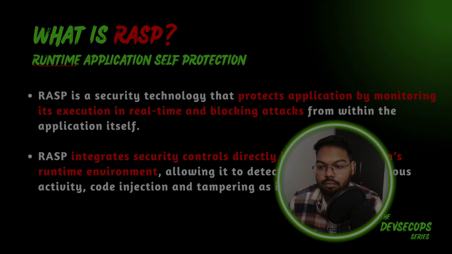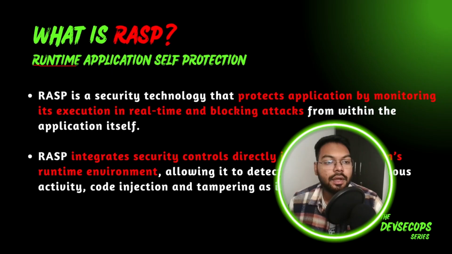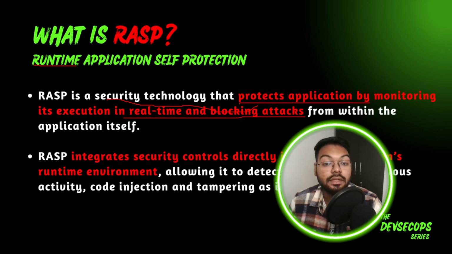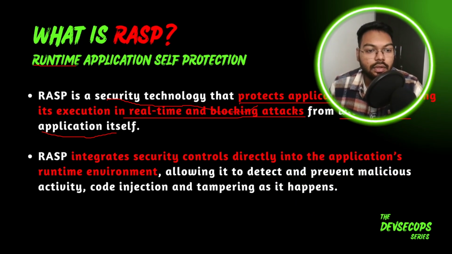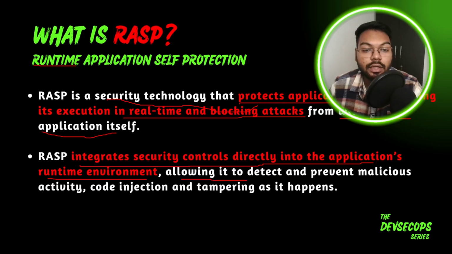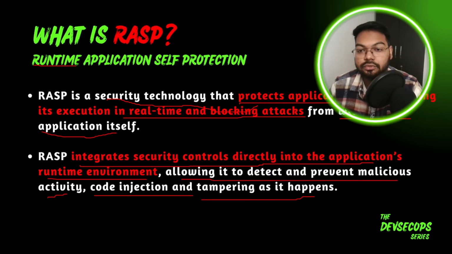So RASP is a security technology that protects applications by monitoring their execution in real time and blocking attacks from within the application itself. I'll explain it in a bit. Let's also read the other definition. RASP integrates security controls directly into the application's runtime environment, allowing it to detect and prevent malicious activity, code injection, and tampering as it happens.